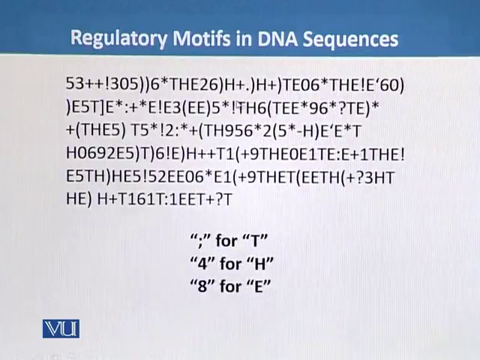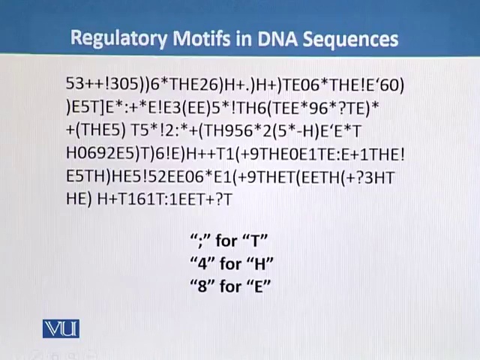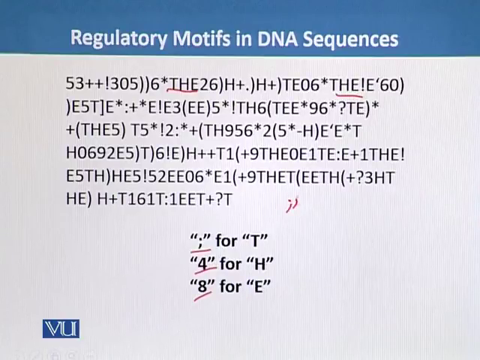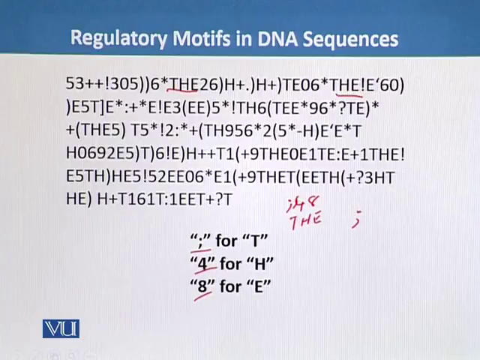After decoding this information, he explained the position of semicolon, 4 and 8. Here we can see that he used semicolon 4 8 for "the", but wherever there is a semicolon, either with 4 or 8, he used the letter T for the semicolon.